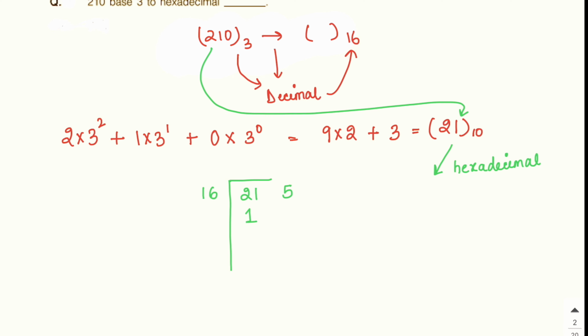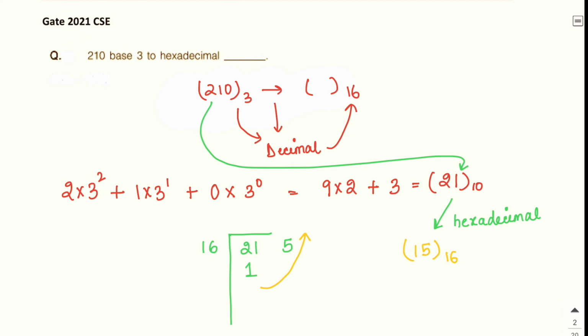The answer is written from bottom to top. So hence this conversion to hexadecimal is actually 15 in hexadecimal. So your answer to this question is 15 in hexadecimal. Let's come to the next question.